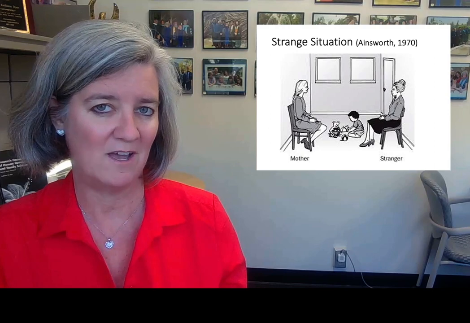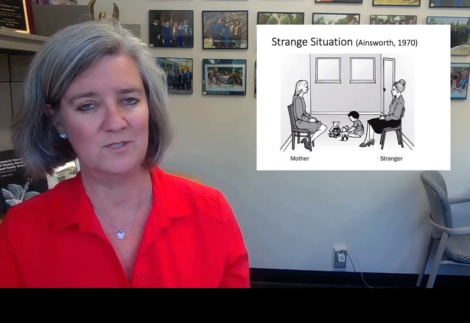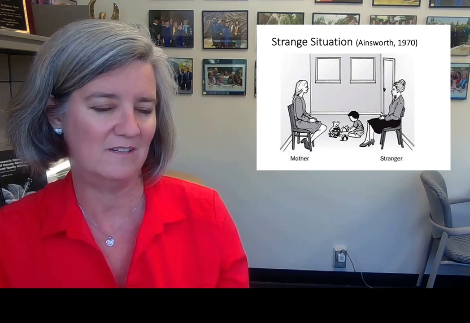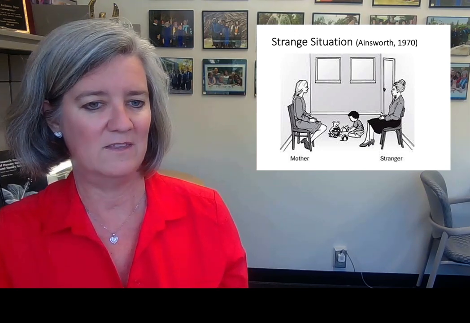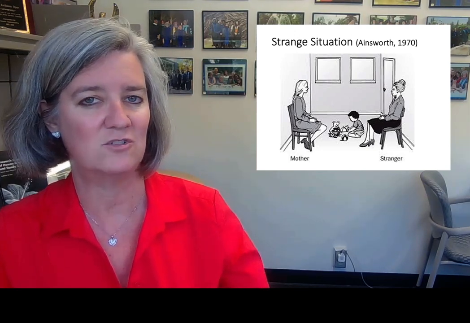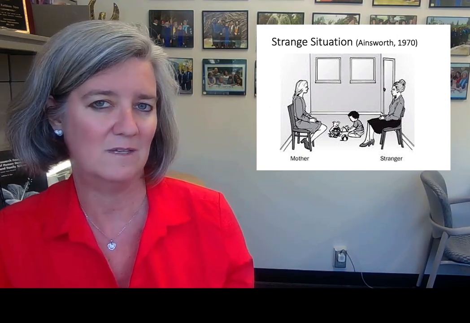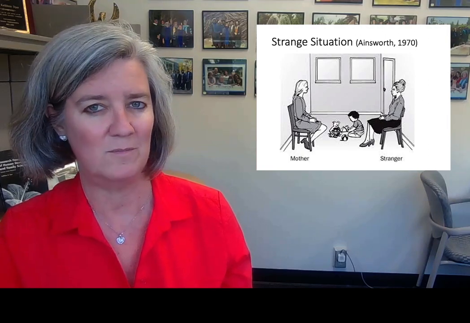After a certain amount of time, the mother comes back into the room, and we carefully observe what kind of interactions happen. It's called the first reunion. Then the mother leaves again, and the stranger leaves, so that the baby is left alone, and that is presumably the most stressful situation for the baby to be in.